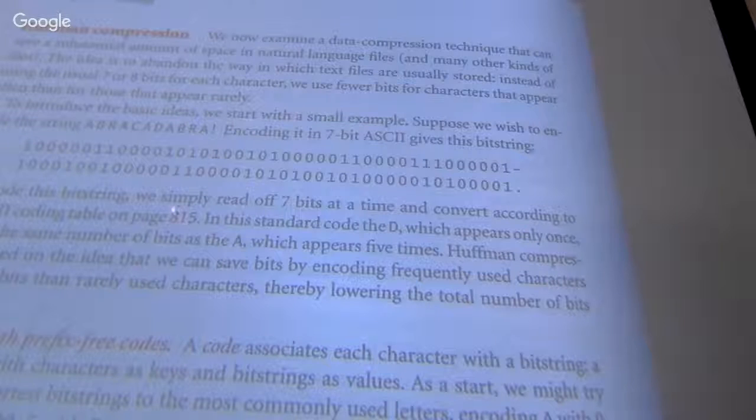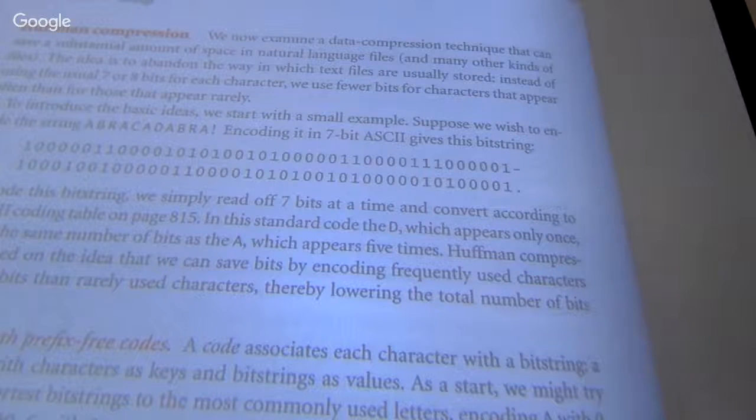So in abracadabra, exclamation mark, I have lots of A's, 1, 2, 3, 4, 5 A's, which is almost half the number of characters there. Almost half the time. And then I have 2 B's and 2 R's and 1 C and 1 D and 1 exclamation mark.